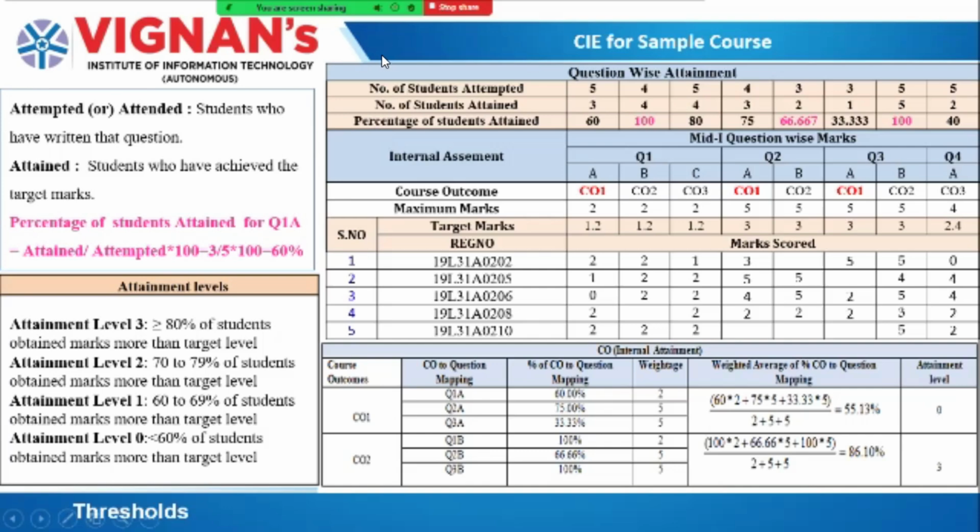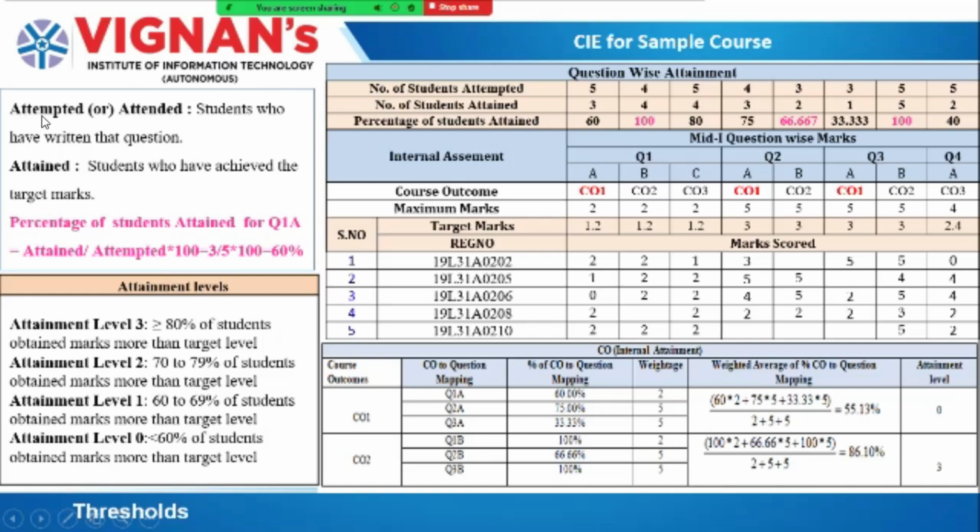So here the number of students attained is 3. Here, out of these, only 5 and 5 are more than 3, so only 2 students attained. Here only 1. Here 4 and 4, only 2 members. Like that, we have to calculate the number of students attained.